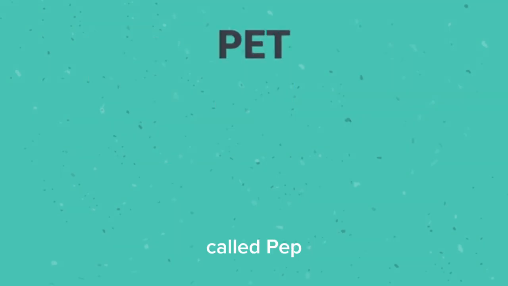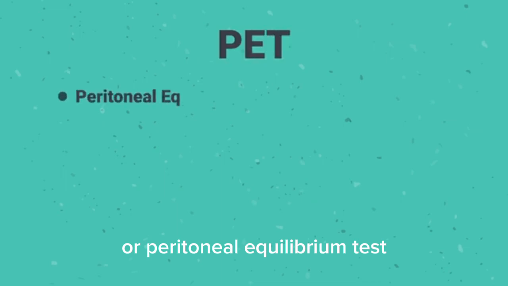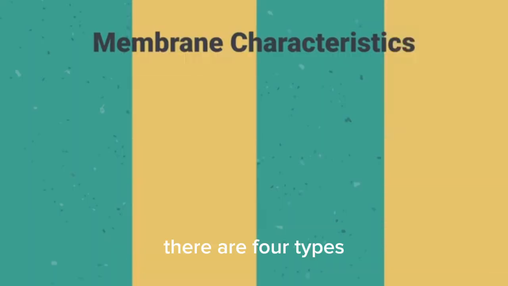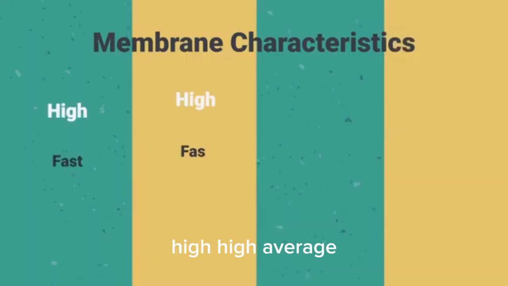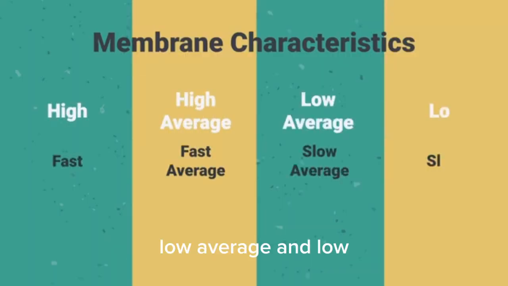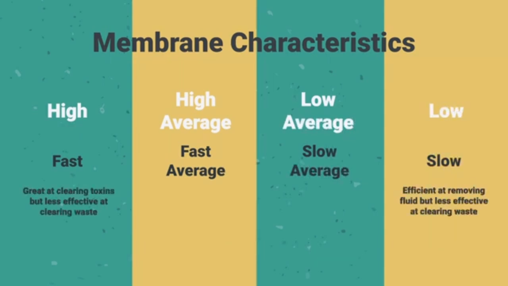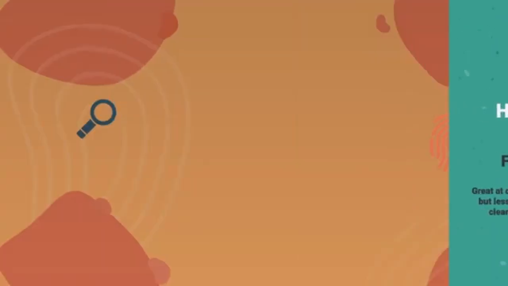There's a test called PET, or peritoneal equilibrium test, that helps determine the membrane's permeability. There are 4 types: high, high average, low average, and low. Knowing your membrane type helps doctors personalize your treatment for the best results.